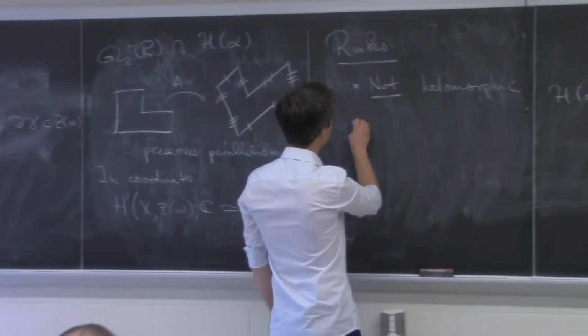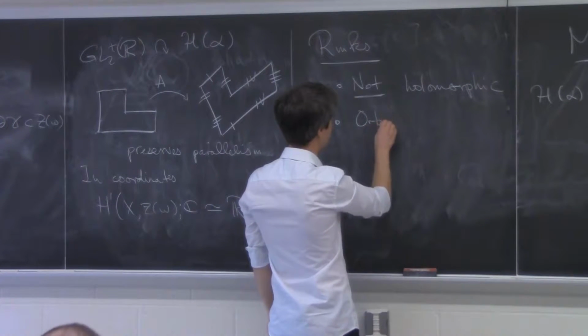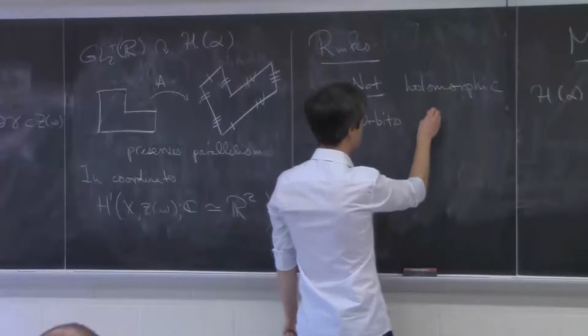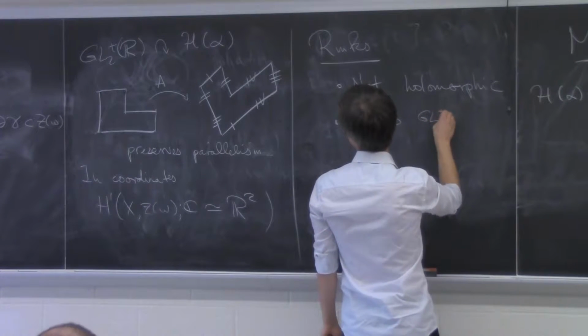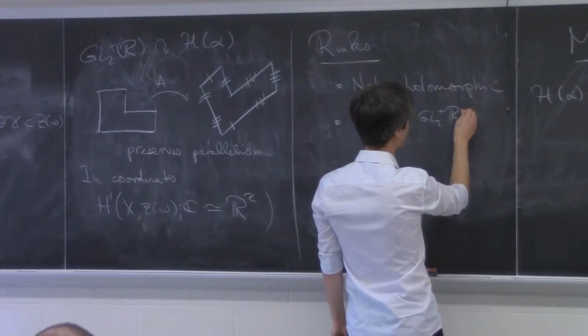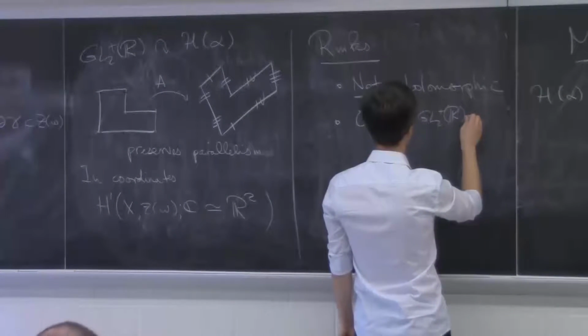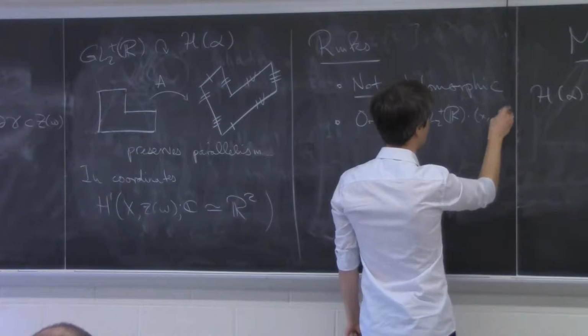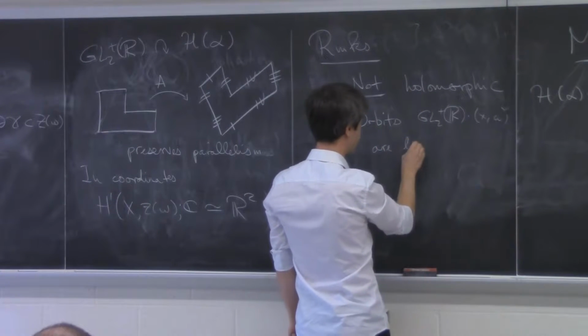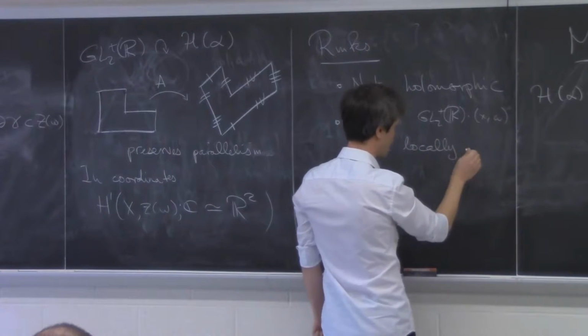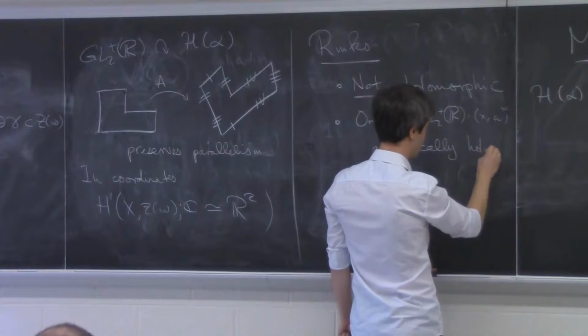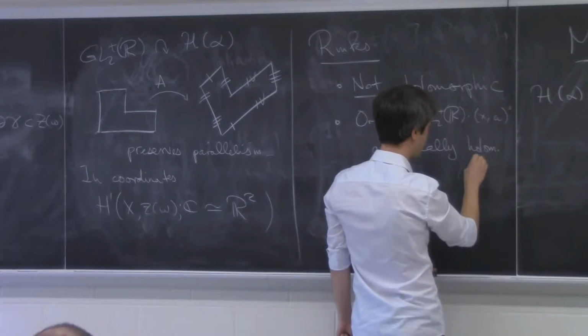However, the orbits GL2R^+ x omega, where I'm putting the plus so that the orientation is preserved, are locally holomorphic submanifolds.